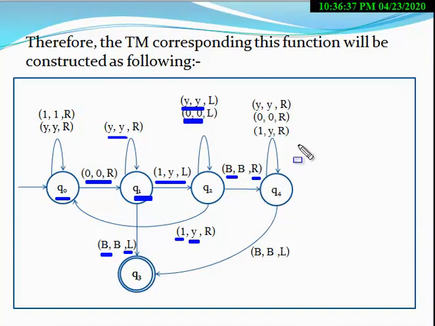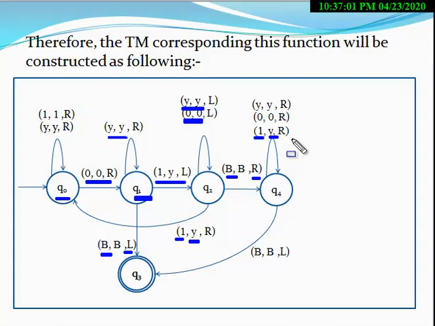At the q4 state, either the Y tape symbol or 0 appears, the machine only moves in the right direction. And if the 1 tape symbol appears, then 1 is replaced by Y and the machine also moves in the right direction.